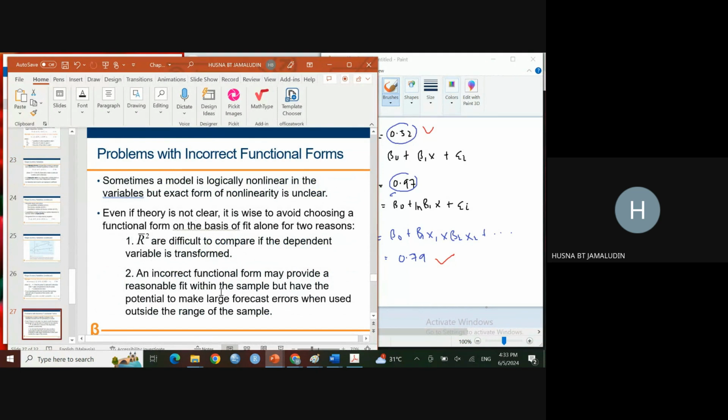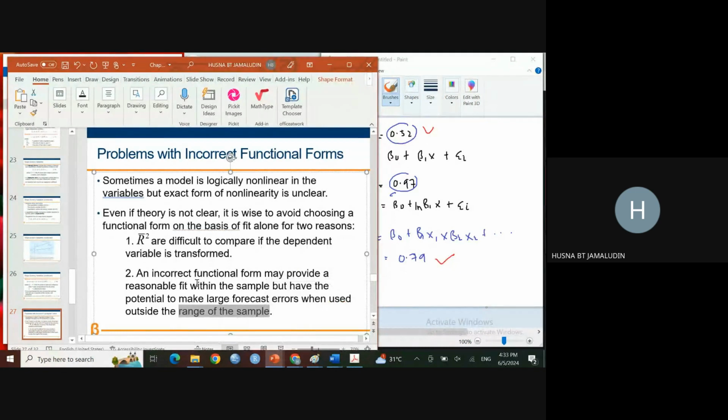So basically, even though you have a reasonable fit, your R bar square is nice, but you have an incorrect functional form, you are making large error, because normally you are estimating observations outside the range of sample.